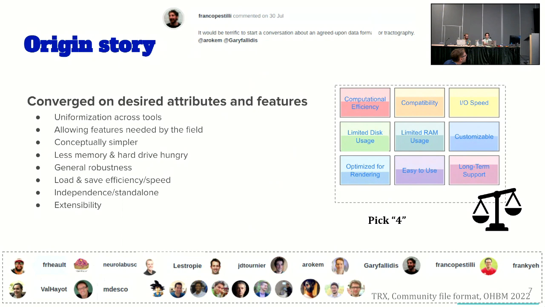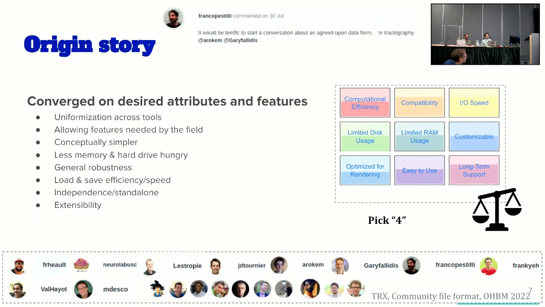There are all these desiderata here in these colored boxes. We want computational efficiency, compatibility, I/O speed, limited disk use, and so on. And looking at the existing file formats, it looked like you can pick 4 of these maybe in the best case, and that's what you get.